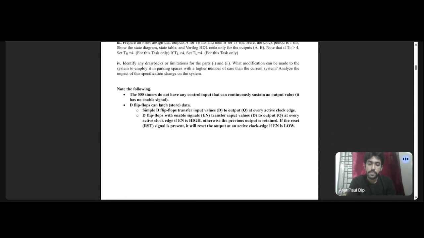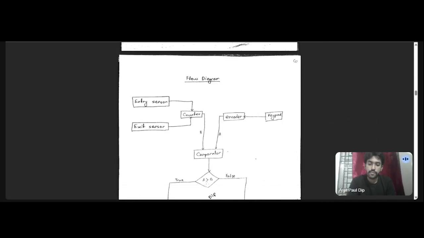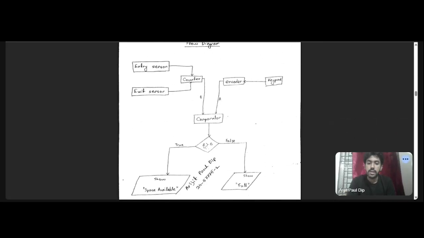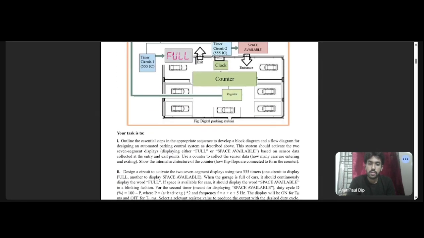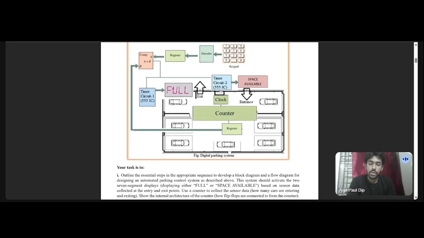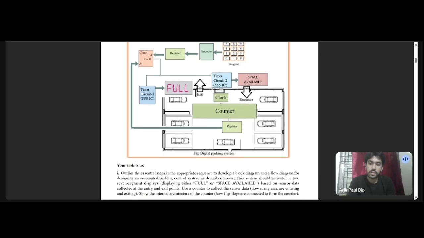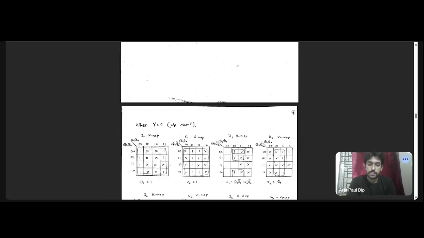From the flow diagram, we had the decision that if A is greater than B, then show space available, which means the timer circuit 2 is activated. Whereas when the case is not that, then timer circuit 1 gets activated. We did the same thing here.